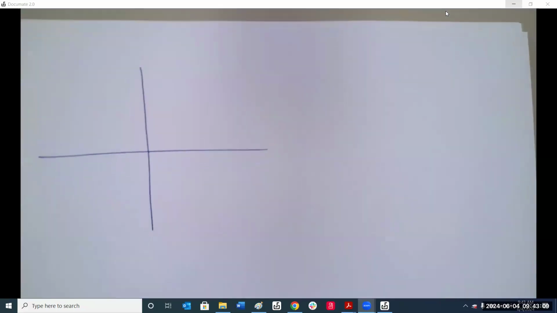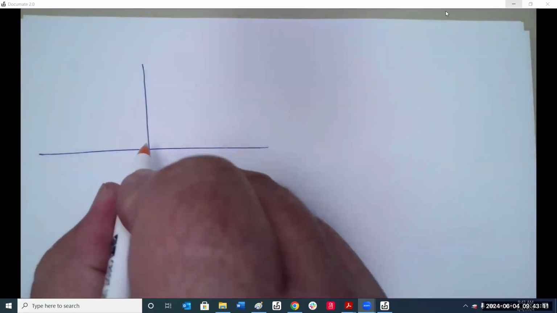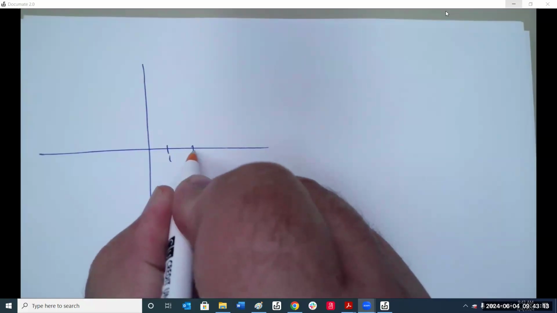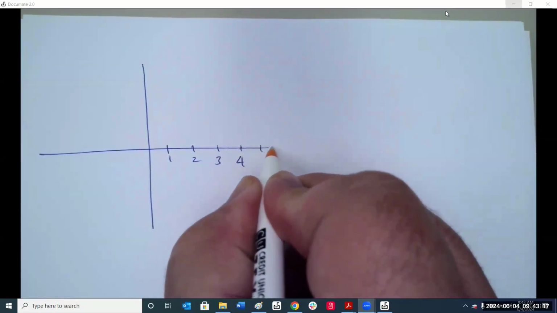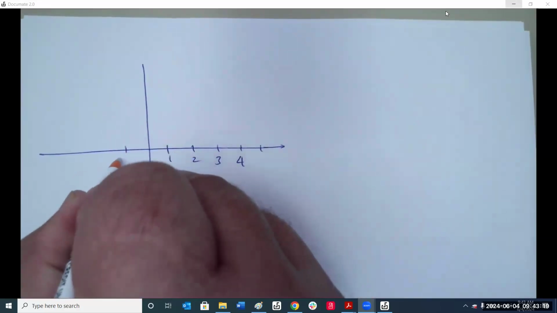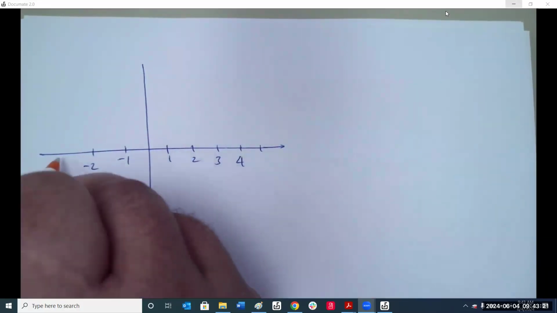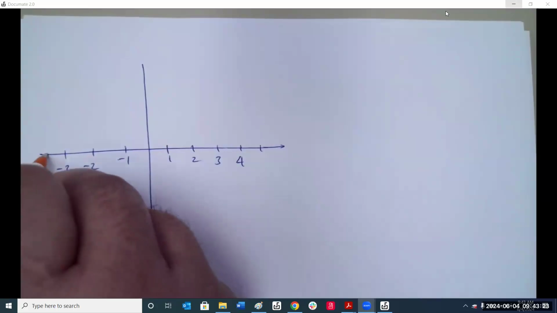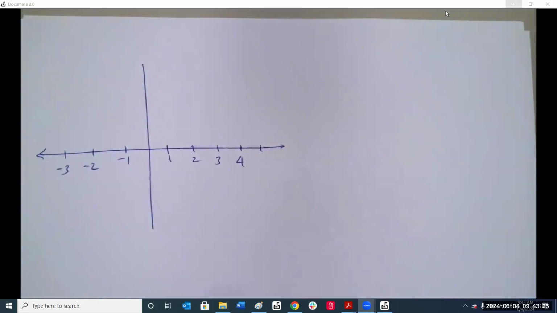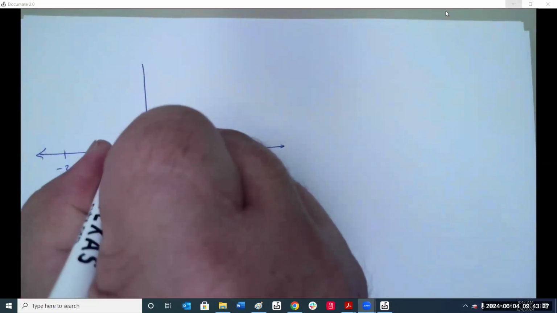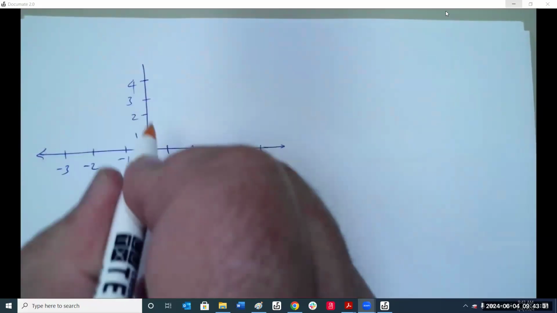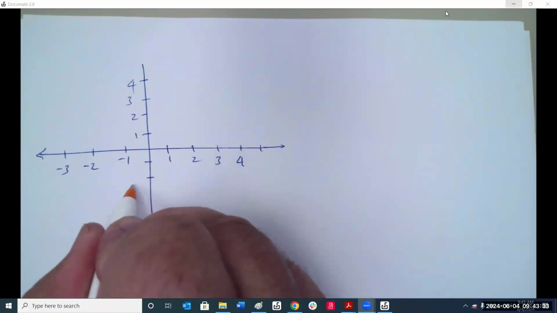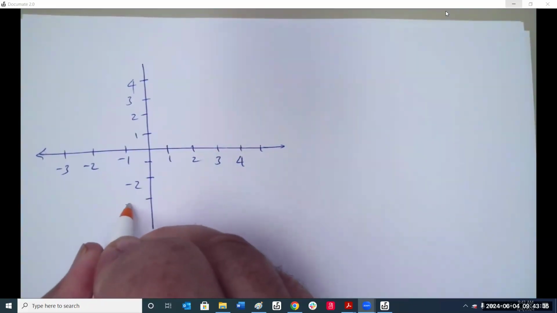was a grid. We have a beginning. To the right, we call those positive. To the left is negative. Up, we'll call those positive. And down, we'll call those negative. Because they're directional.